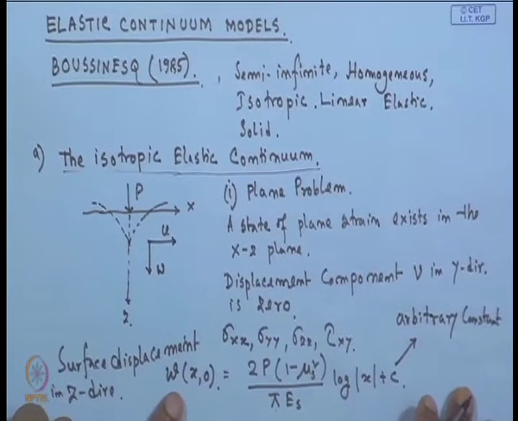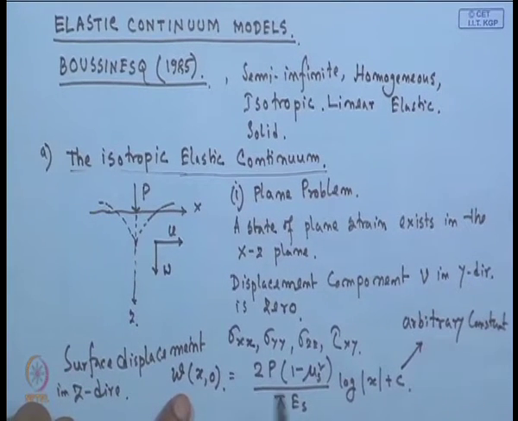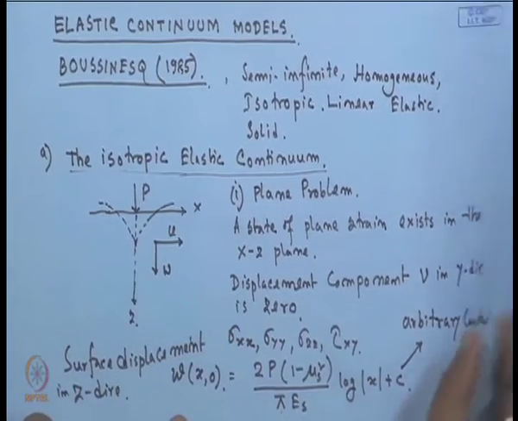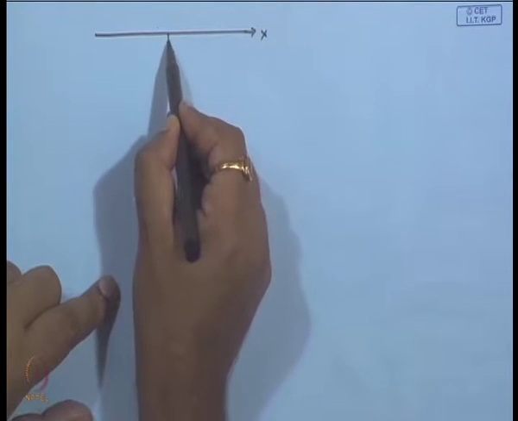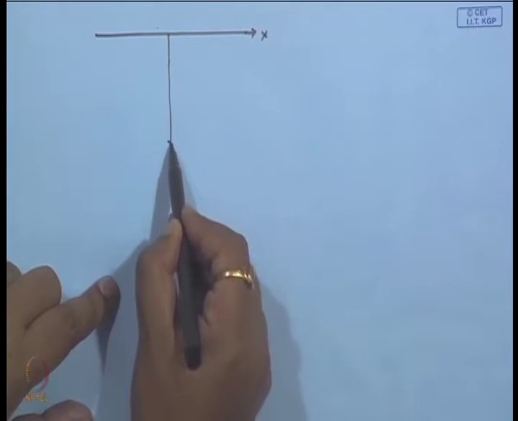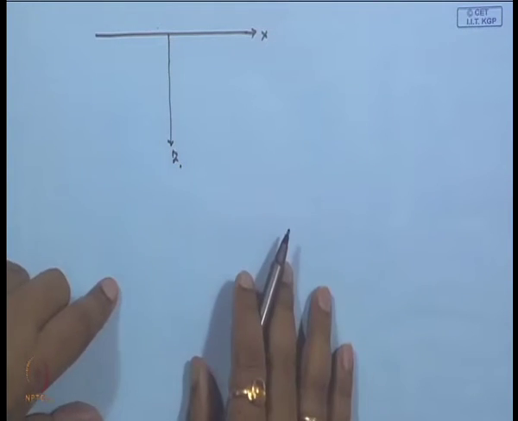So, now we get this expression for a plane problem with a concentrated load applied on the surface. In the next problem, the UDL is applied on the surface. Suppose, the same thing, this is the x direction here and this is the z direction.